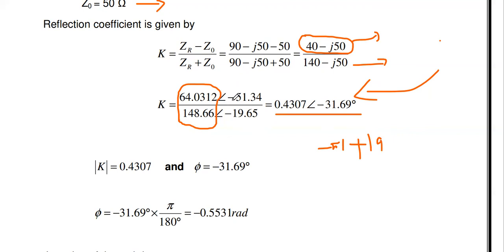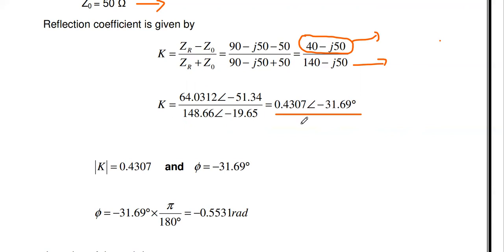When two polar quantities are in division, the magnitude we divide as usual, and the angle we subtract. So we may get the answer 0.4307 with angle minus 31.69 degrees. Okay, so you may use any one of the procedures, depending on your calculator.